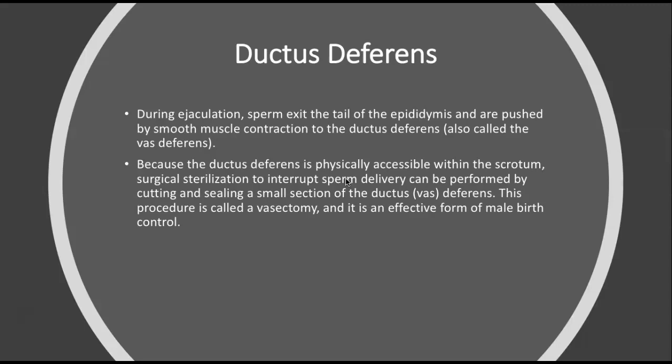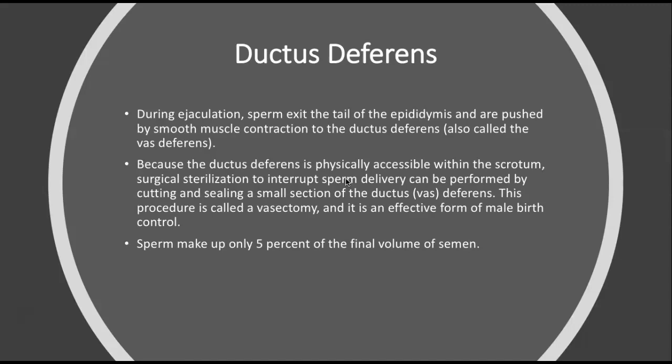That's just done by cutting and sealing a small section of the vas deferens. That procedure is called a vasectomy, and it's an effective form of male birth control. Now, that process is technically reversible. However, doctors always say this is something that should only be done when a male has 100% gone through the process of deciding they do not want to reproduce.